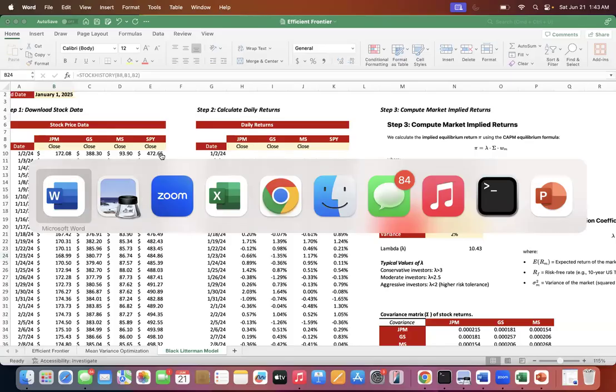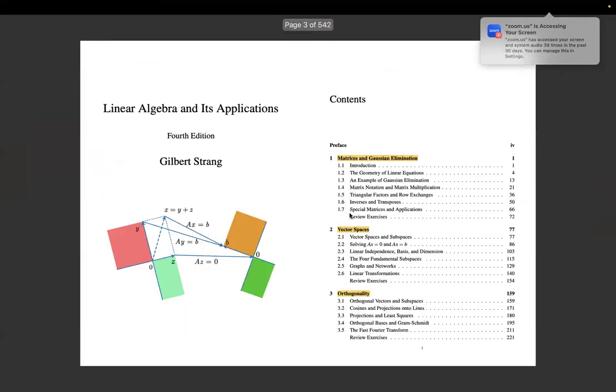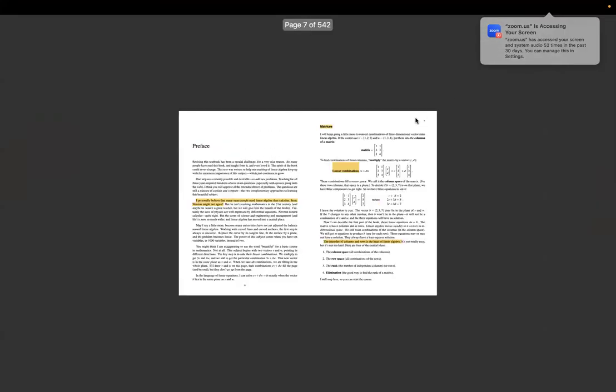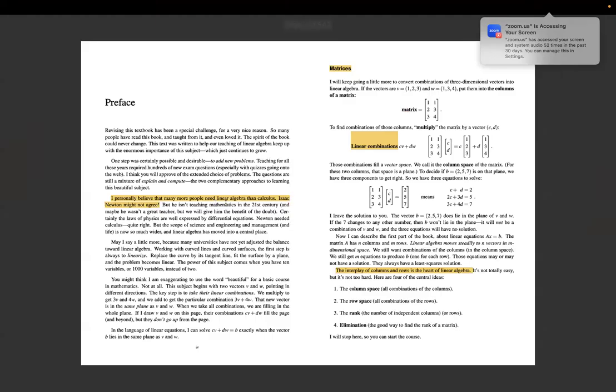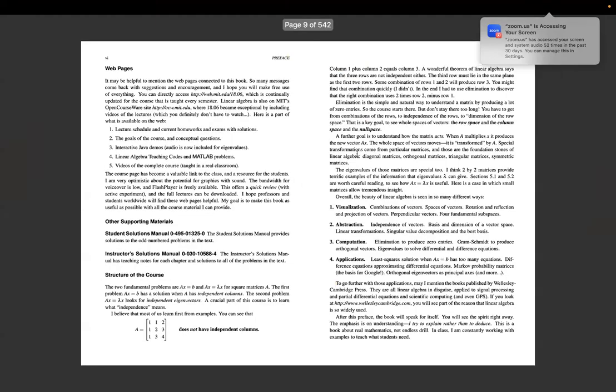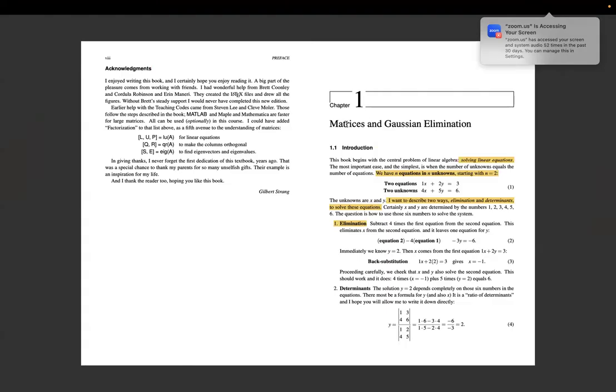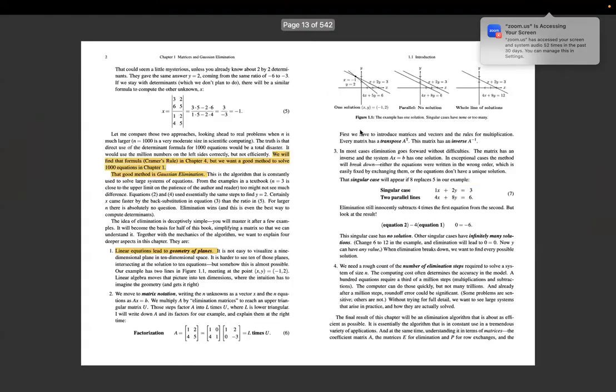If you look at this book, that's a very good question, are we understanding vectors after that? Yes. The book starts with this. The first chapter is matrices and Gaussian elimination.